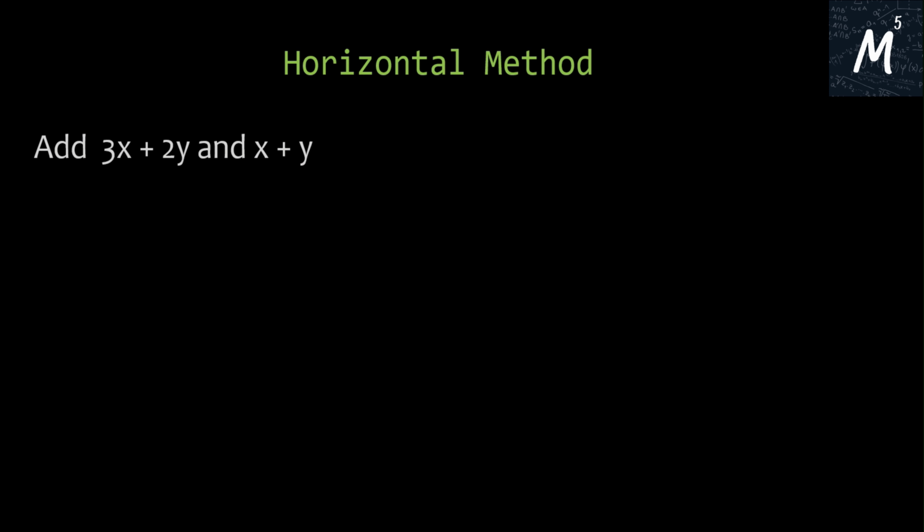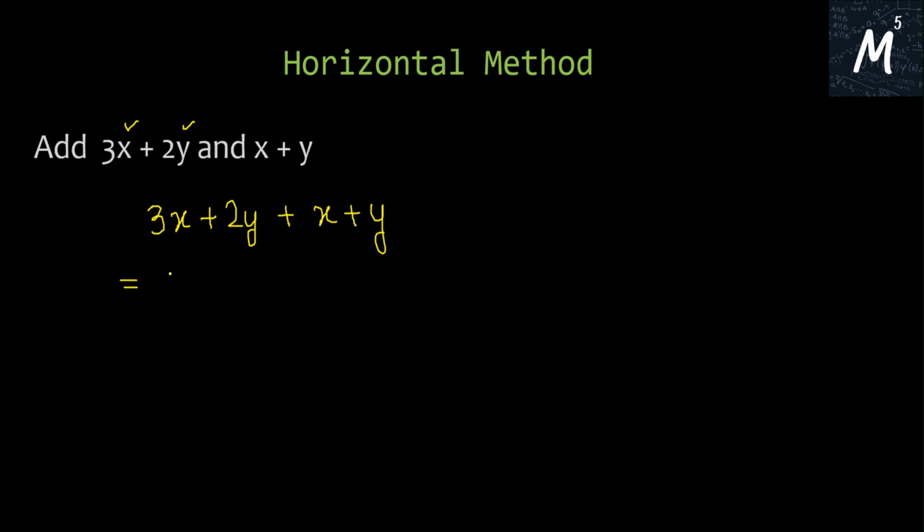Another question using the horizontal method. Here we have x as well as y. In the previous question there was only x, so now we are going to do questions which are based on two variables. So 3x plus 2y, as it is a horizontal method, I'll write the second expression in a horizontal line.